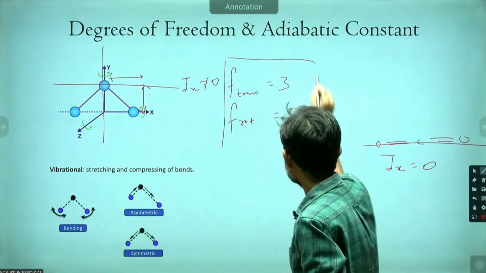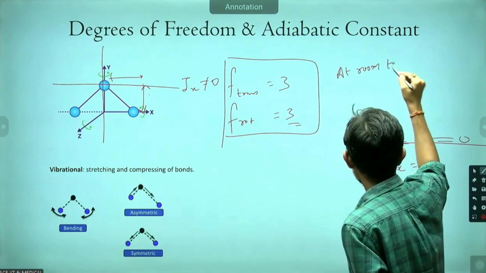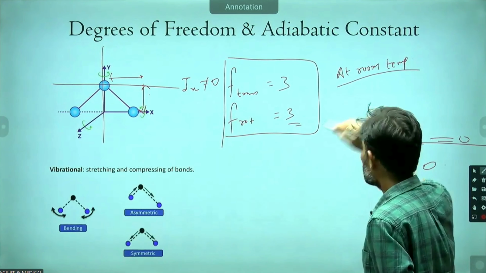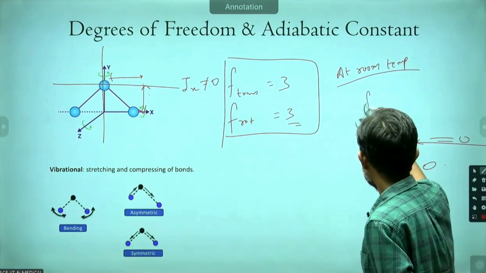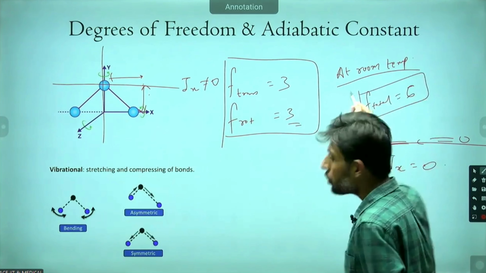So at room temperature, how many degrees of freedom? You would say total degrees of freedom F total is 6 at room temperature.